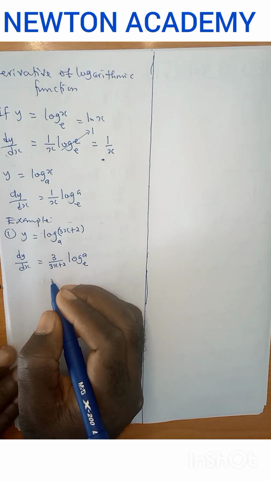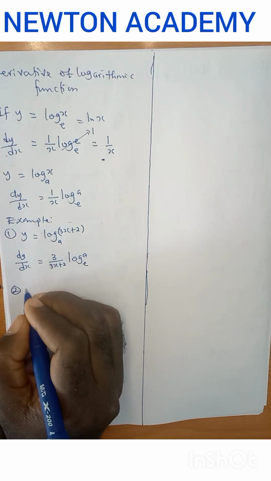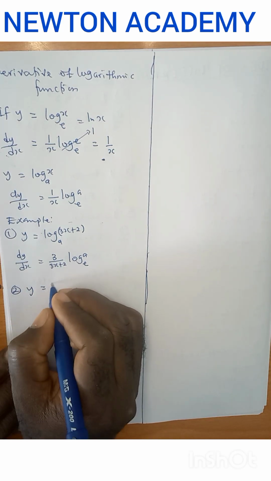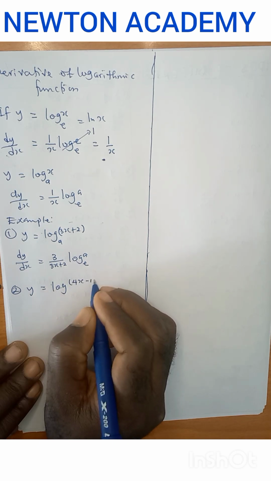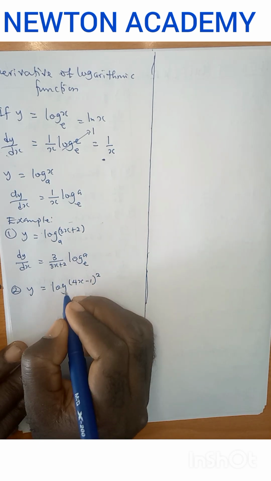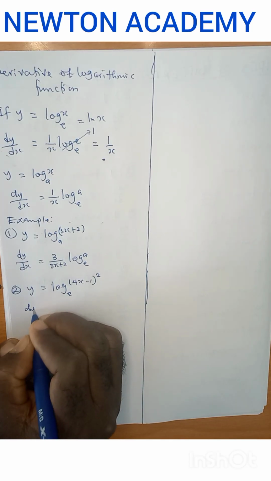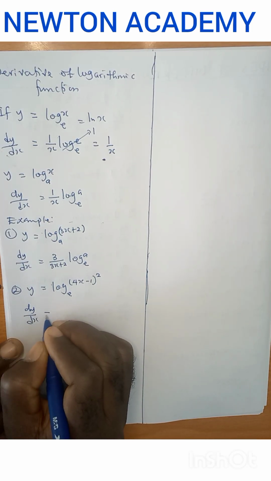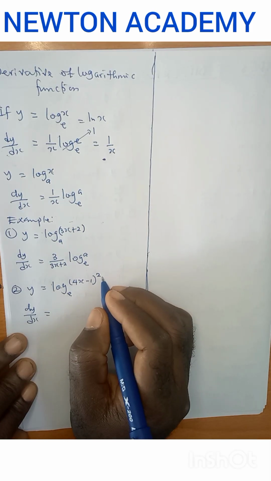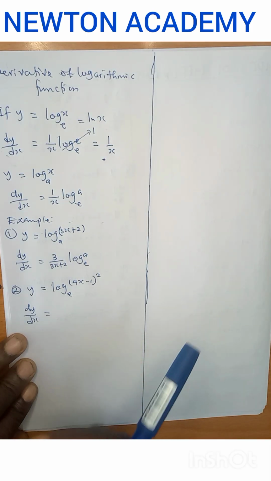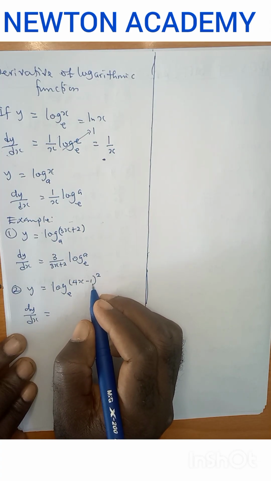Now let us take a look at another example here. We have y is equal to the log of 4x minus 1 raised to power 2 base e. To differentiate this one, dy/dx is equal to, this one, 4x minus 1, everything raised to power 2. We have treated it in the techniques of differentiation, in which we use function of a function to differentiate it.